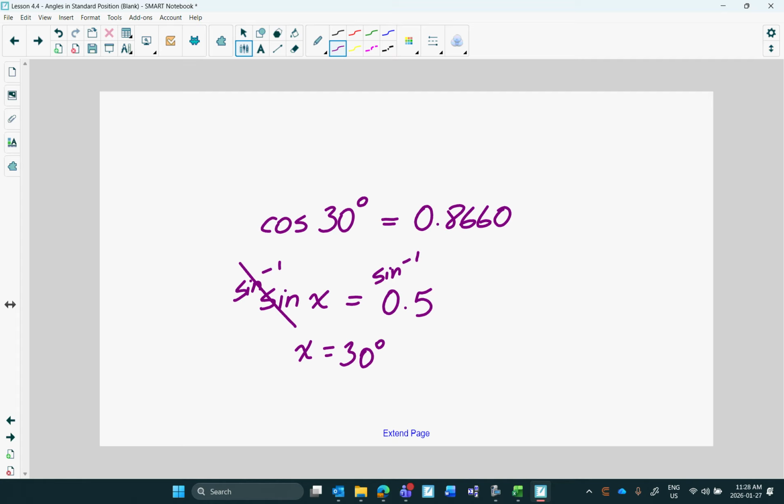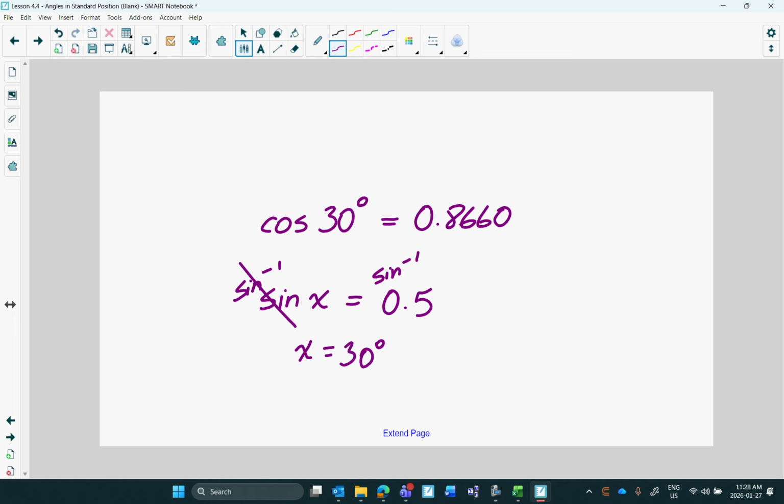So that means that if you do the sine of 30, you get 0.5, right? This is not the only answer. On your calculator, do the sine of 150. Same answer.